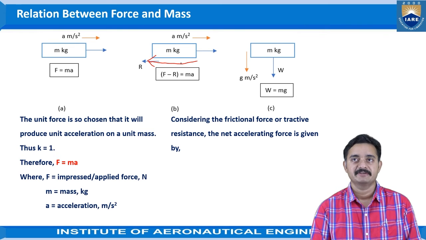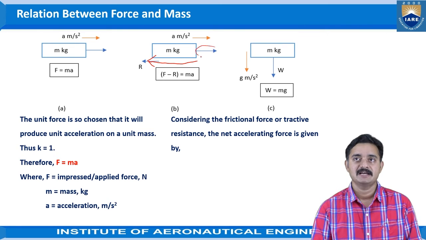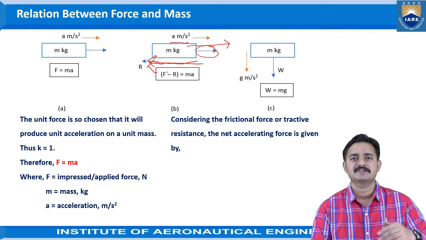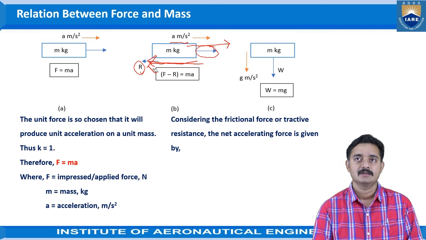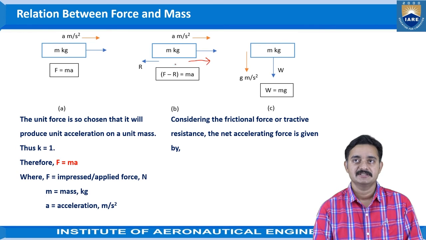Let us say the force is being applied in this direction, and the acceleration achieved by this object is a meters per second square. The resistance to movement, because of any frictional force, is R. So the object is moving in the right side direction and the resistance is acting in the left side direction.